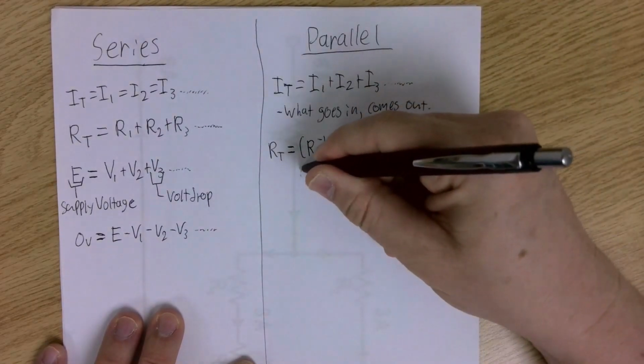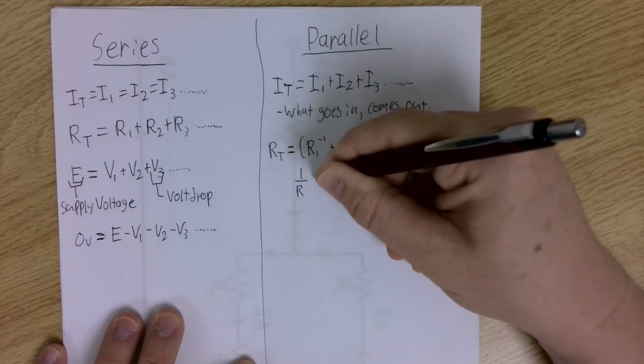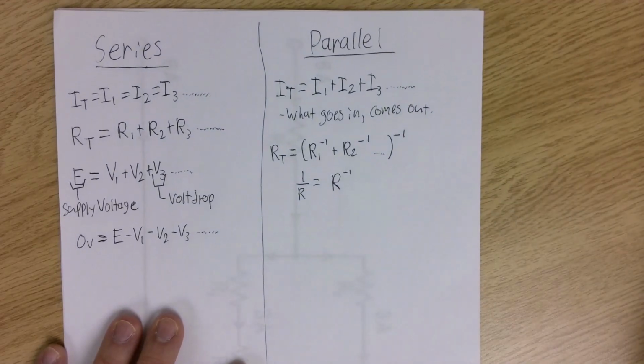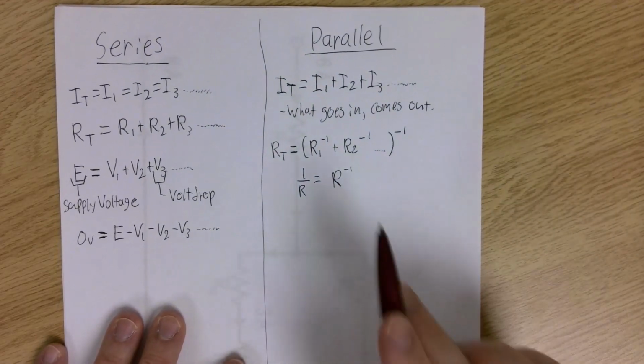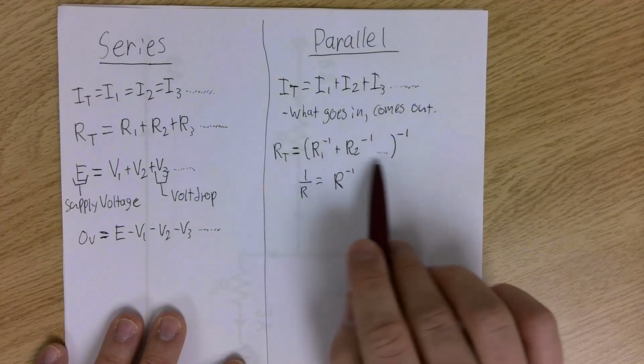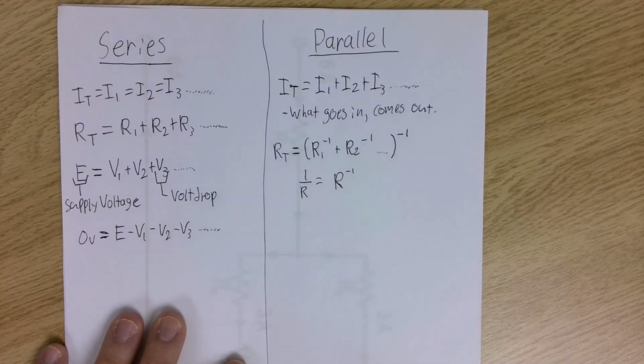Because 1 over R is equal to R to the negative 1. So to save ourselves a lot of 1 overs, I just do that.